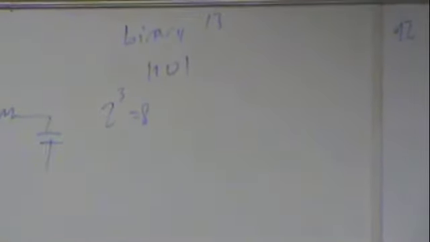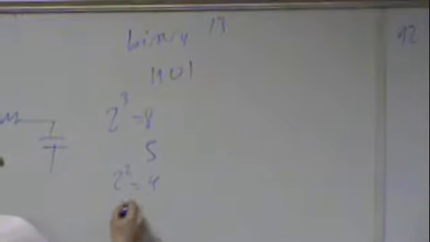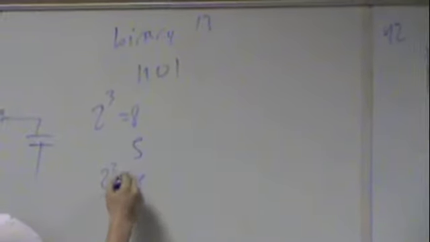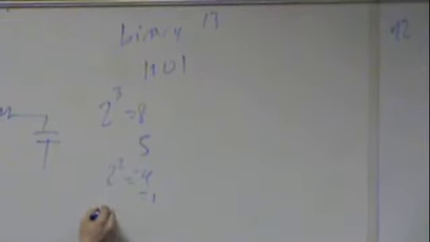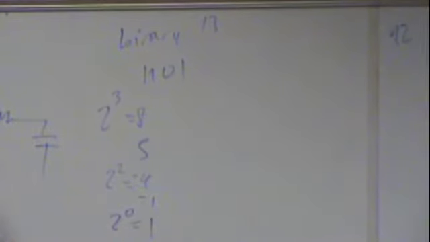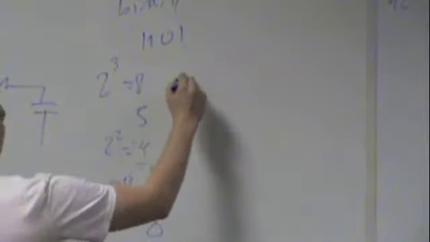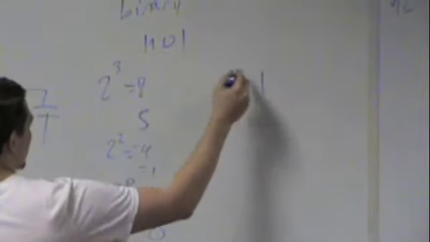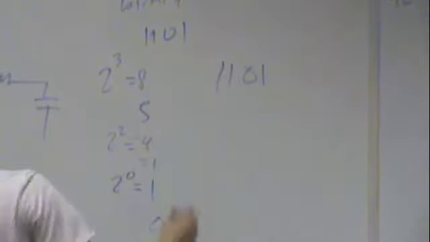So you subtract 8, which gives you 5. Then you take the highest power, 2 to the 2, which equals 4. Now you have 1 left, so 5 minus 4 equals 1. Then 2 to the 0 equals 1, and you subtract to get 0. So 2 to the 0 is 1, 2 to the 1 is 0, 2 to the 2 is 1, 2 to the 3 is 1.